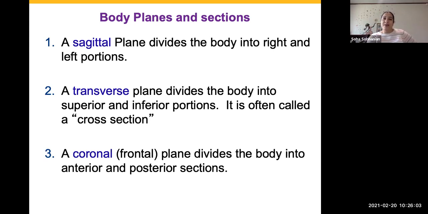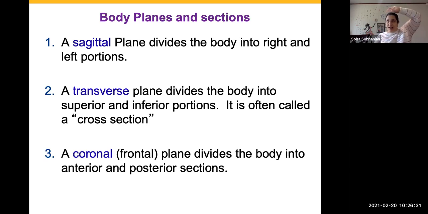When we go to the histology lab, which is basically looking at tissues of the body, most of the cuts you're going to see are in a transverse plane, which means they cut the tissue across, like cutting an apple across, right? And then you look at it from either the superior view or the inferior view.